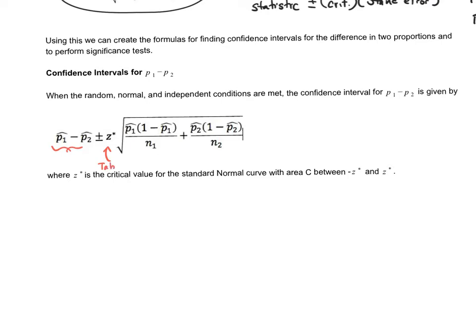You can use table B, which is the T table. The bottom line, remember, had the Z values, so you could just pick it out from there. And then we have that standard error formula, P hat 1 times 1 minus P hat 1 over N1 plus P hat 2 times 1 minus P hat 2 over N2.